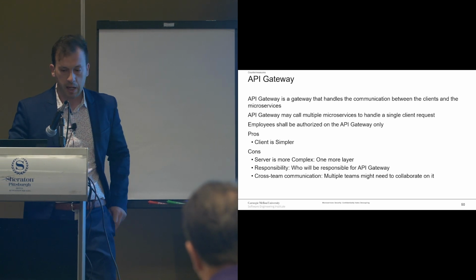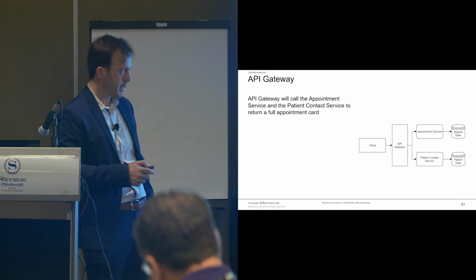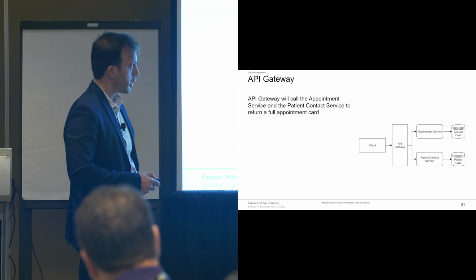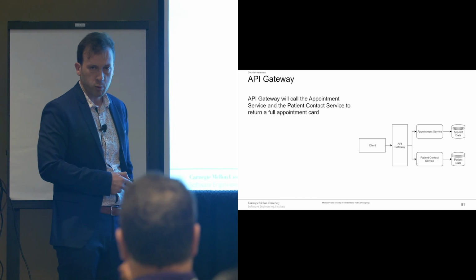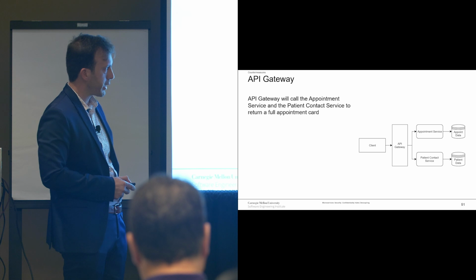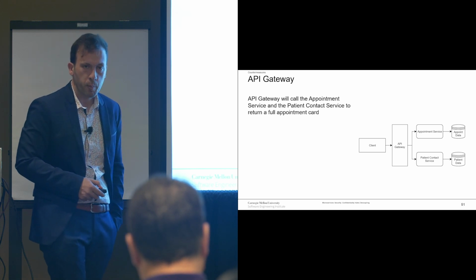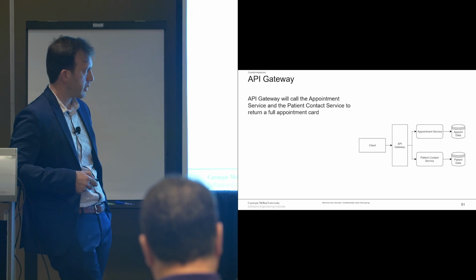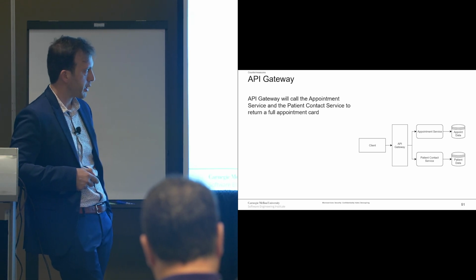Another solution is the API gateway. As the name implies, the API gateway is a gateway between the client and the microservices. This gateway will be responsible for aggregating data from multiple microservices to serve a single request. So the client makes a single request, then the API gateway can aggregate data from the appointment service and the patient contact service.